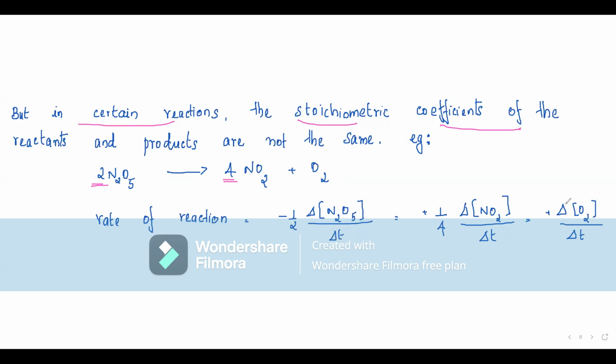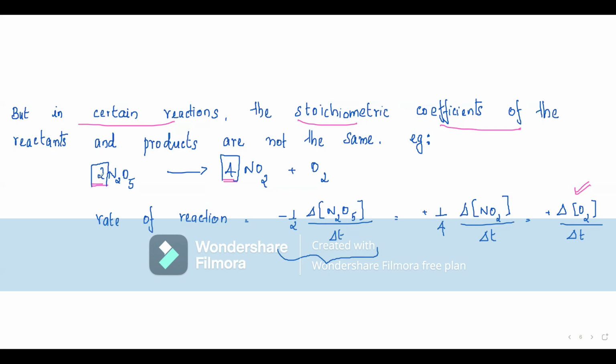With respect to O2, it is our same method of representation. That is plus because it is the product, delta concentration of O2 by delta T. Whereas wherever the coefficient is not equal to 1, we need to divide the rate term by that number.